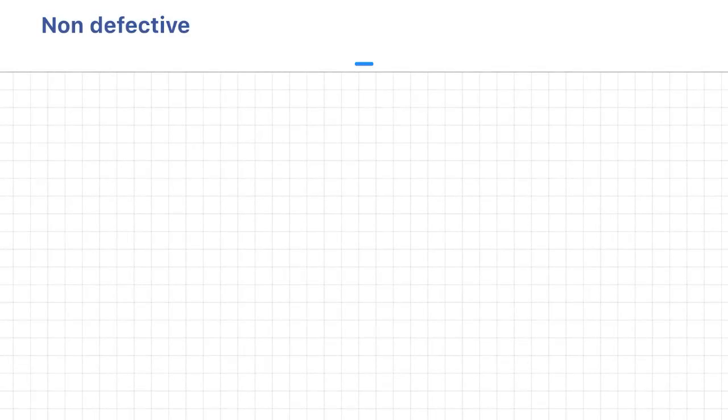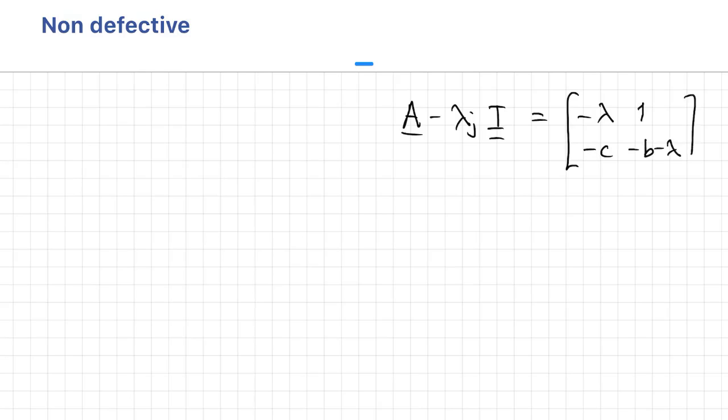First, let's deal with the non-defective case. Two distinct eigenvalues. We have to find eigenvectors, which we do by looking at the matrix A minus lambda I. If we swap the entries of the first row and put a negative on the lambda, then we just find that the eigenvector is 1, lambda.